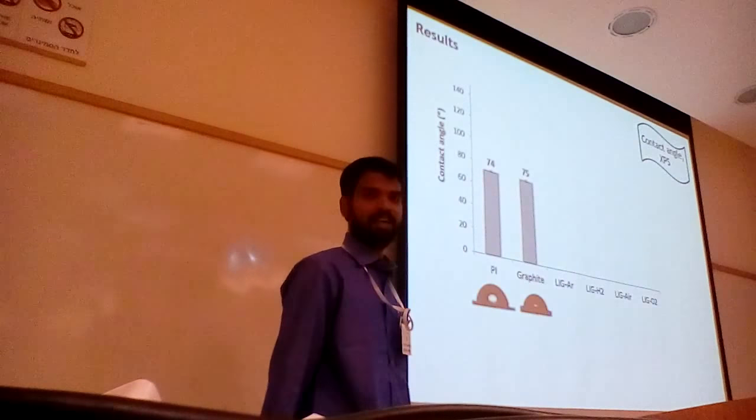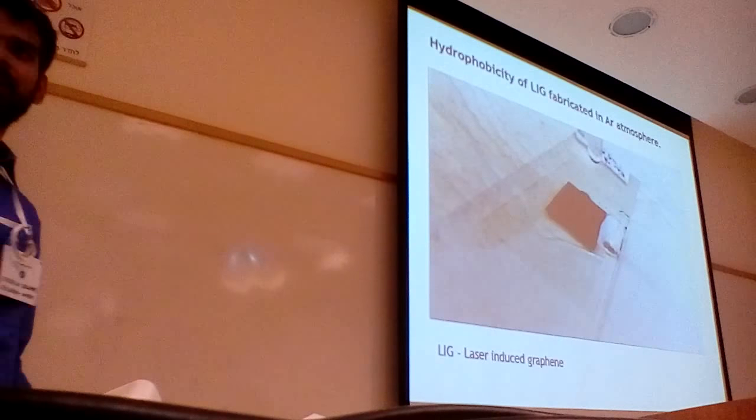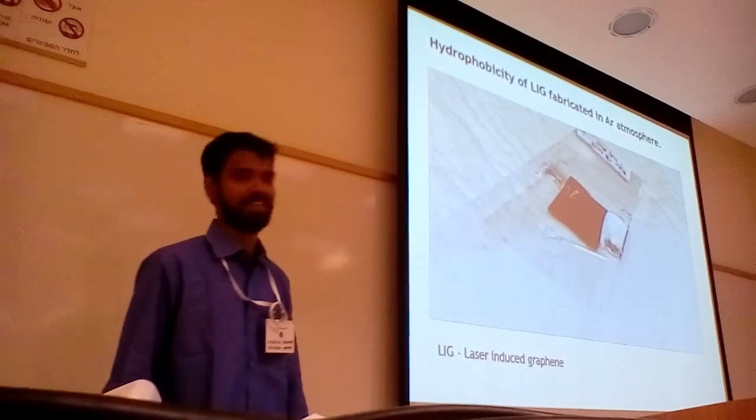Now we will see a small movie in which the water droplet does not want to stay on the super hydrophobic surface, but it wants to jump to the hydrophilic polyimide.